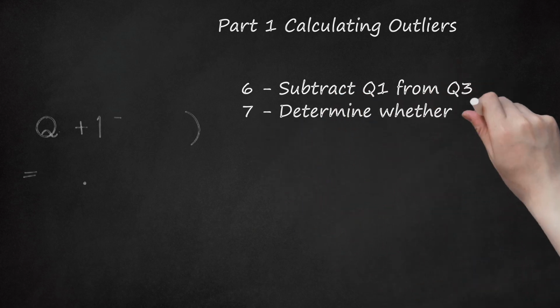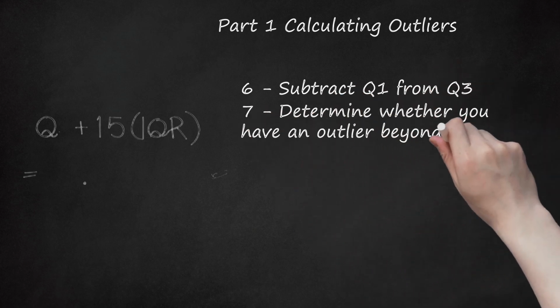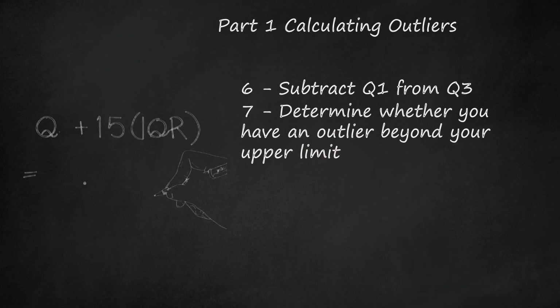7. Determine whether you have an outlier beyond your upper limit. Outliers are any number that is larger than Q3 plus 1.5 IQR, or smaller than Q1 minus 1.5 IQR. Start with your upper limit.